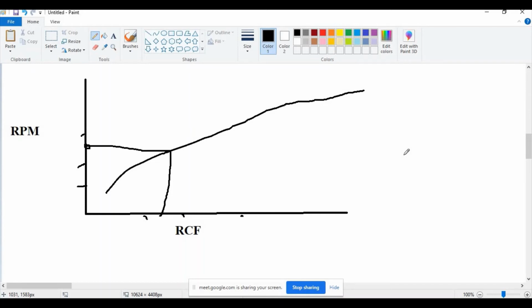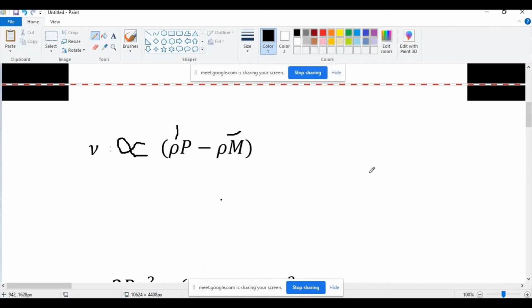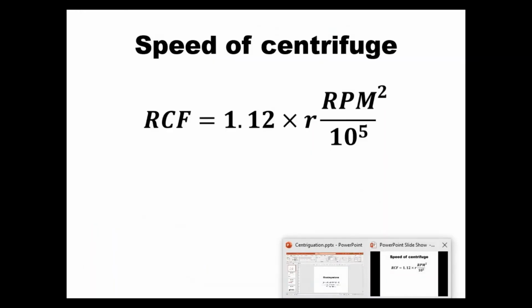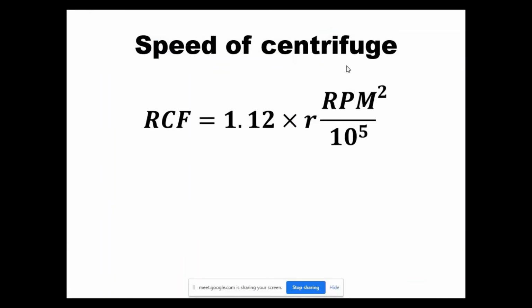In that case, the other way is to use this particular formula. You just measure the radius. If you find the radius of the rotor in the manual, then from that also you can find out, if I want this much RCF, what the RPM will be.